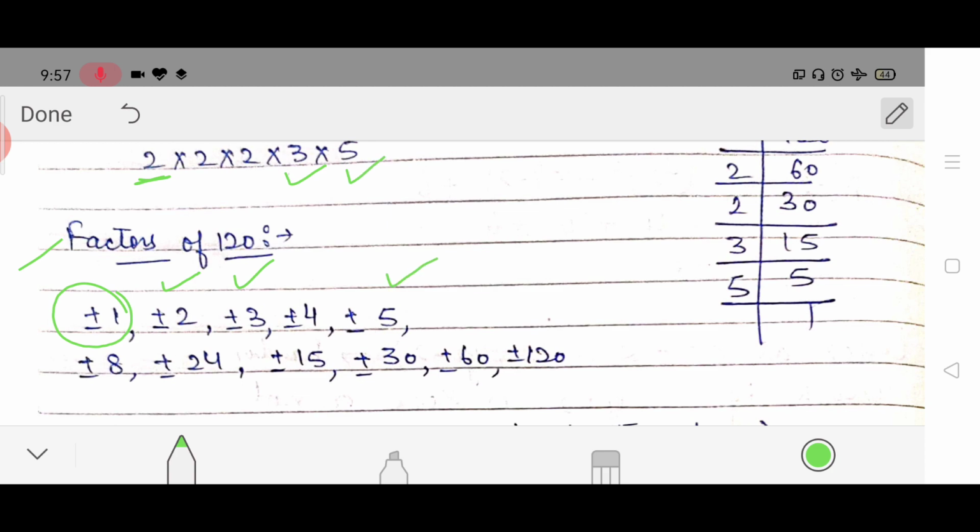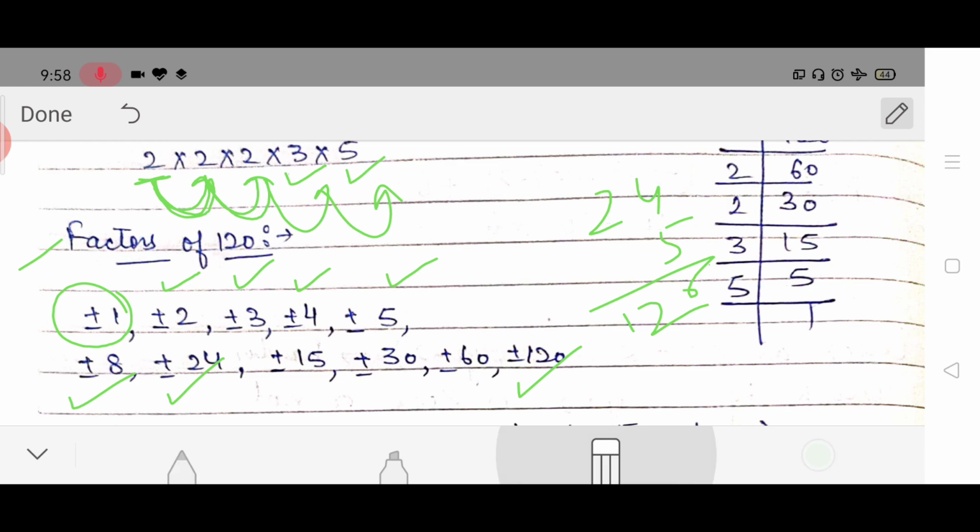Now you have to make the combinations of multiplication. If we multiply these two, 2 into 2 is 4, so we have written plus minus 4. Again 2 into 2 into 2 is 8, so we have written plus minus 8. Again 8 into 3 is 24, we have written 24. Now 24 into 5 is 120, so we have written 120.